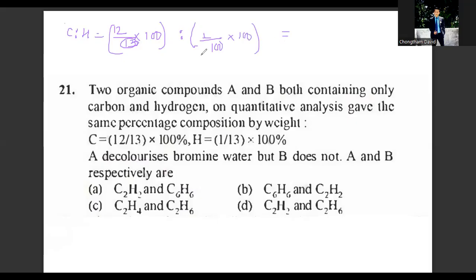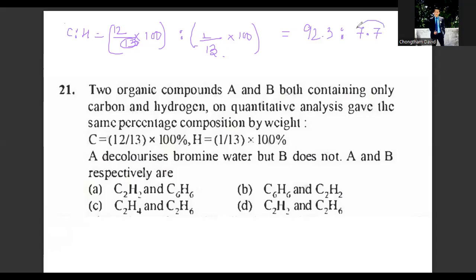The ratio when you calculate this, 12 by 13, I have done a mistake here. The total atomic mass is not 100, it is 13. So what is 100 divided by 13? Roughly 7.67.